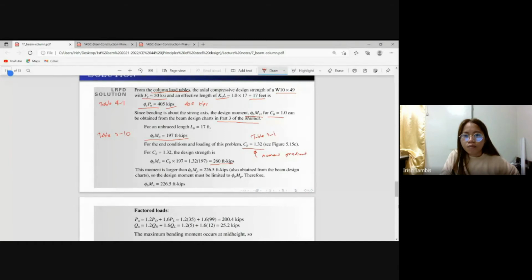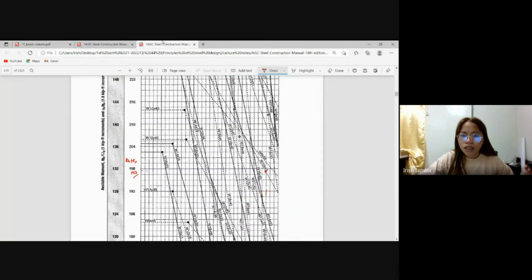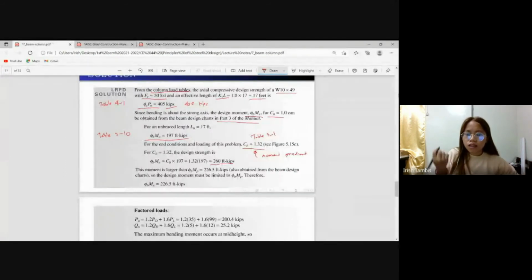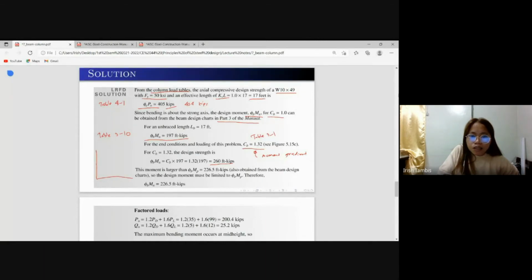Then notice that this W10 by 49, if you look at the table again, from earlier, it is exceeded, di ba? Remember in the video I recorded, the y-axis is the moment versus the unbraced length, di ba?